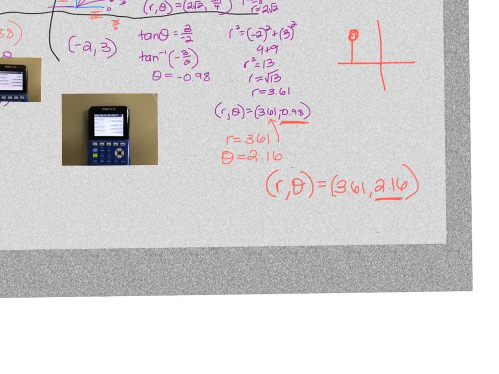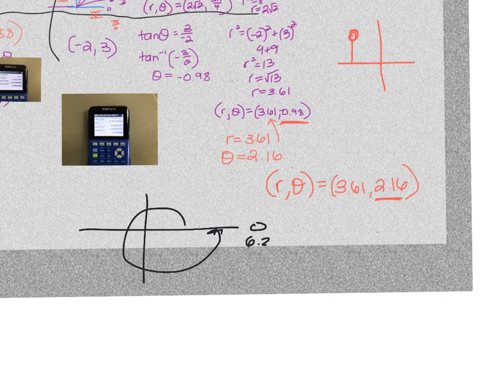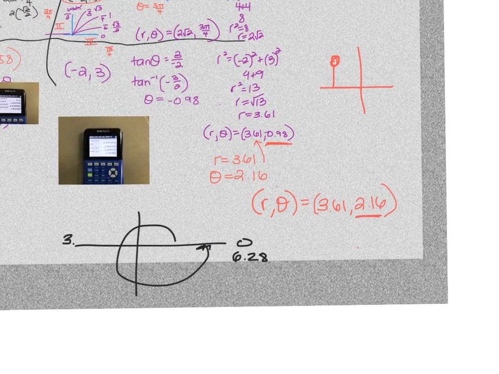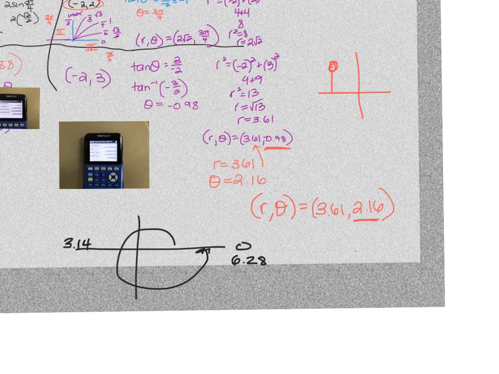But remember, this goes way back. This is when we were talking about radians at the very beginning of the introduction of radians. We said that the radian, 2 pi, is really 2 times 3.14, which is 6.28. And we said pi was 3.14. So when we were estimating whole number radians, we said that the top two quadrants would be divided by 3.